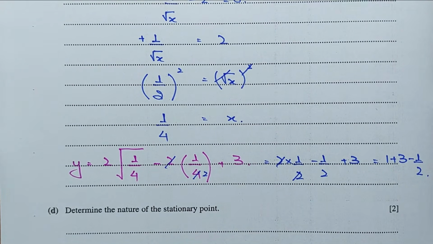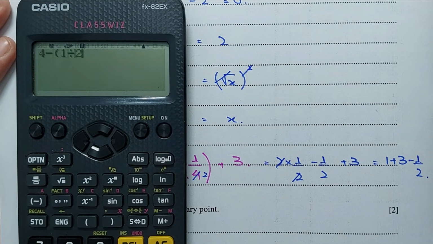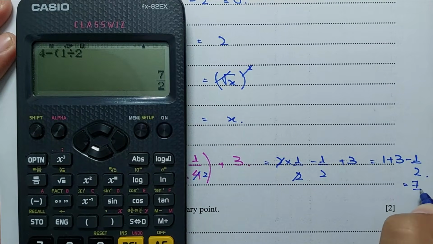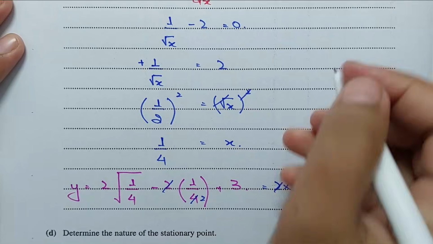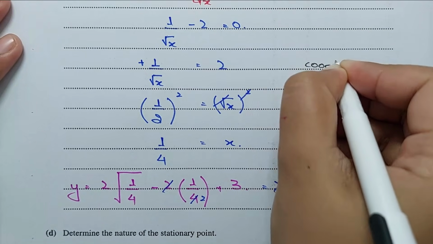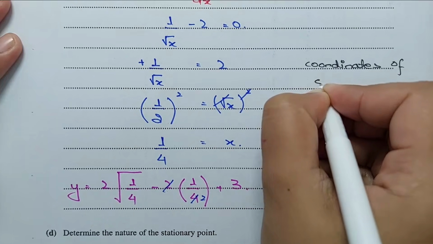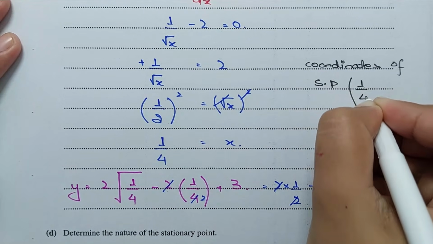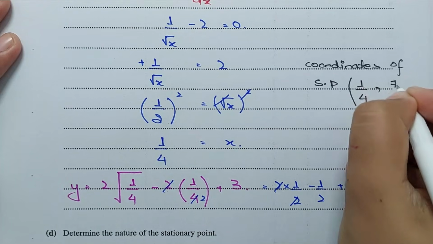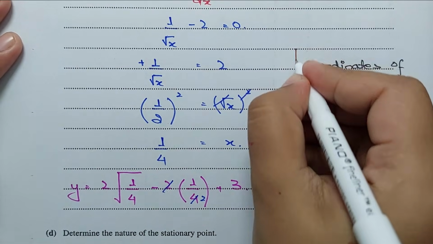And 4 minus 1 by 2 is 7 by 2. So that is 7 by 2. Now we can say the coordinates of the stationary point are: the x coordinate is 1 by 4 and the y coordinate is 7 by 2. So these are the coordinates of the stationary point.